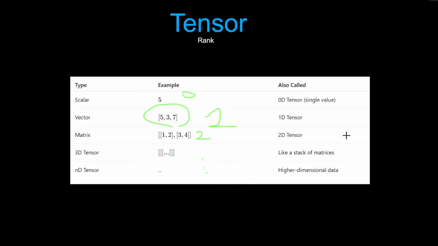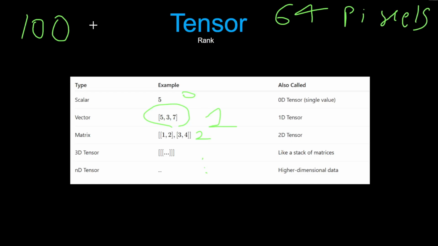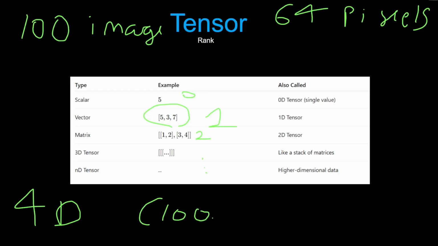So let's take an example of a real life tensor. Let's say we have 100 RGB images with 64 pixels each. So what will be the rank of this scenario? In this scenario, we will have a 4D tensor because we have 100 images and 64 pixels. 64 pixels is in terms of width and height.